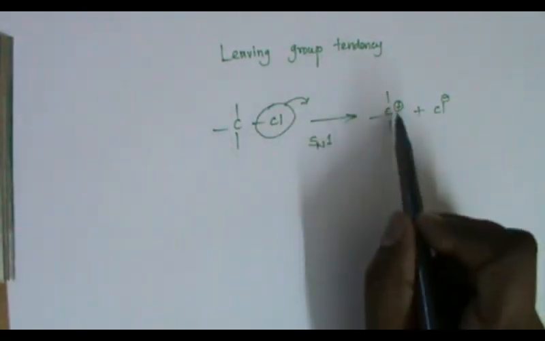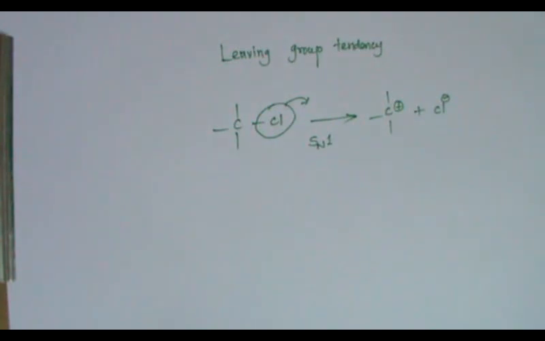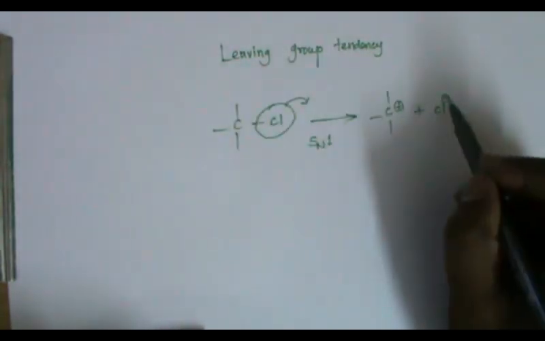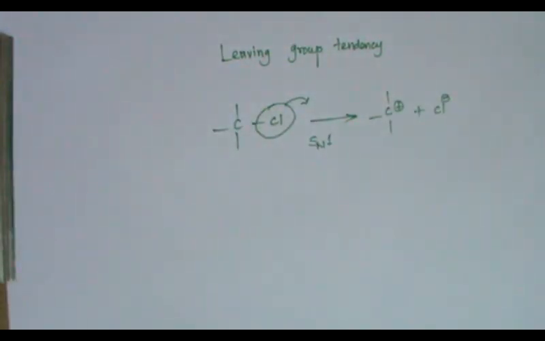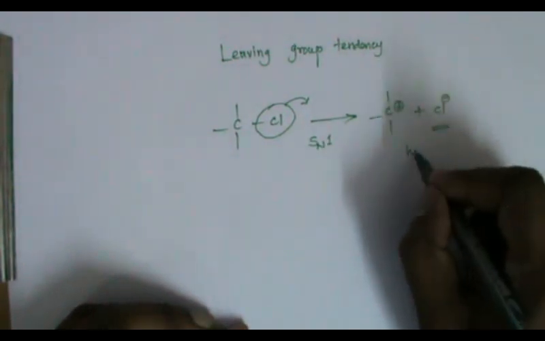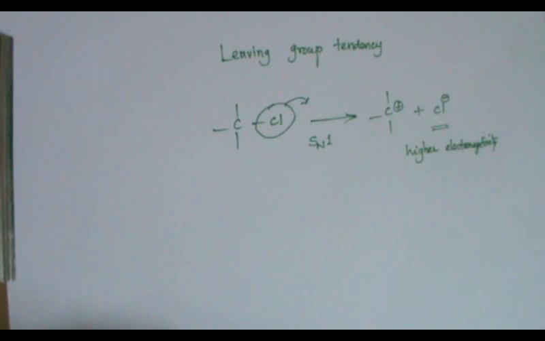Afterwards, this carbocation is attacked by a nucleophile. Now the question is, why does it go as Cl minus? The reason is higher electronegativity. Since electronegativity is more, it can hold the minus charge.